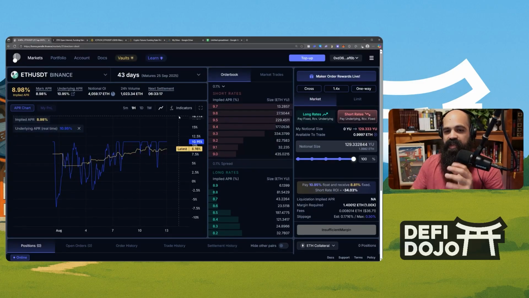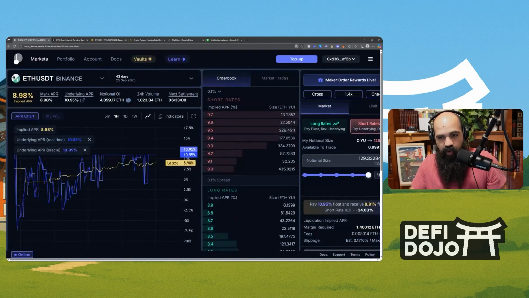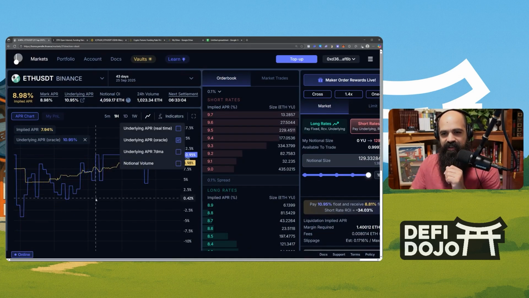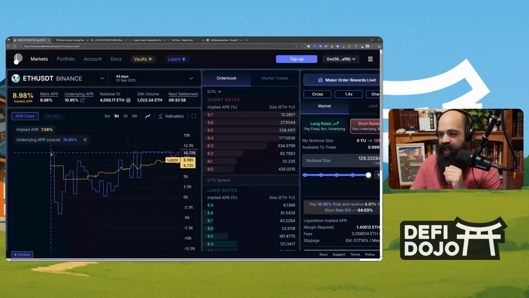And so if you want to know what the actual funding was settled at each funding period, then you would click Oracle. And so that line that I just added there, that purple line or blue, I don't know what you would call this, the line that is this one right here. This shows you the actual settlement funding rate for each period. And this makes sense, right?